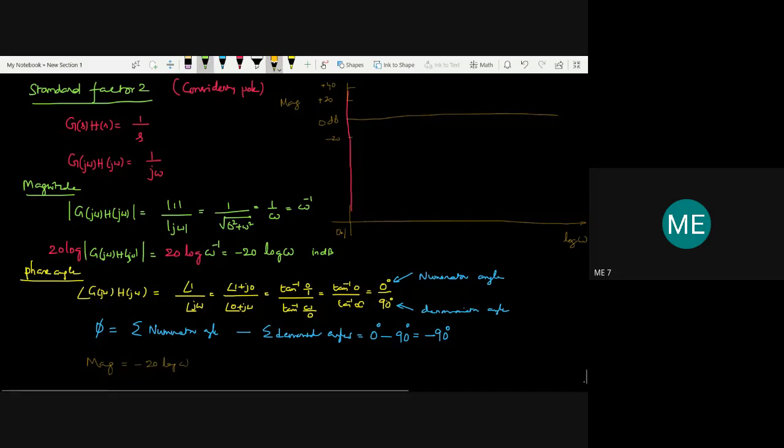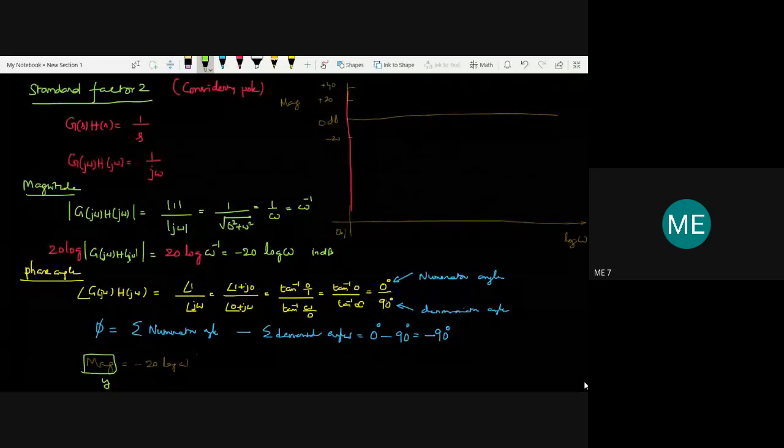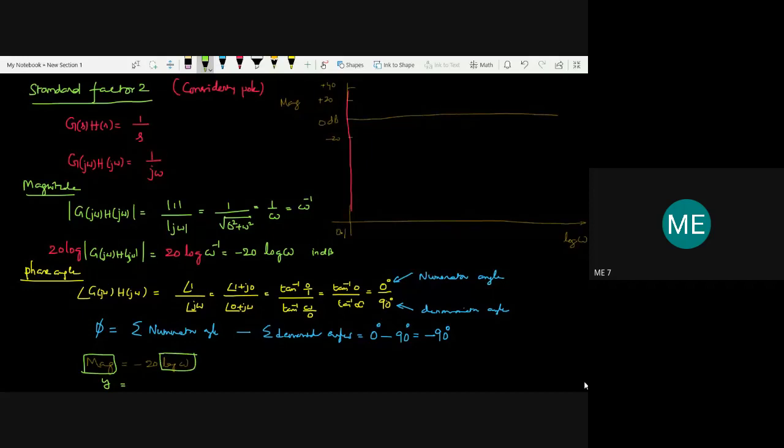If I assume the magnitude is y and log ω as x, then y is equal to m into x, where m represents the slope. It is a line equation, y is equal to m into x.